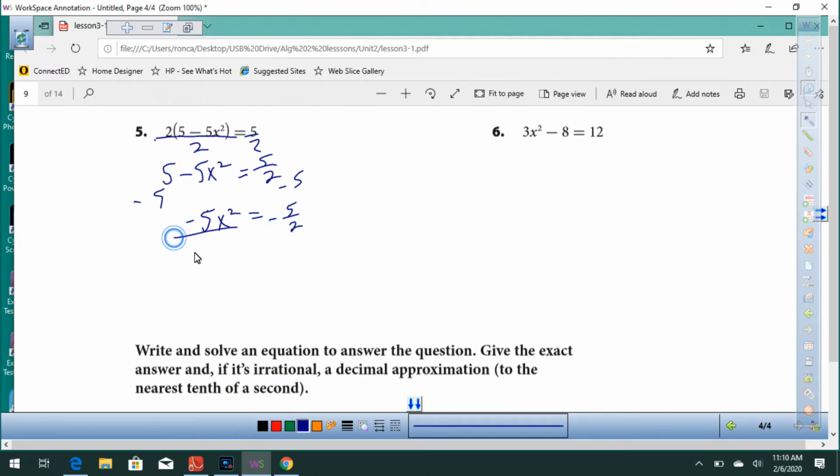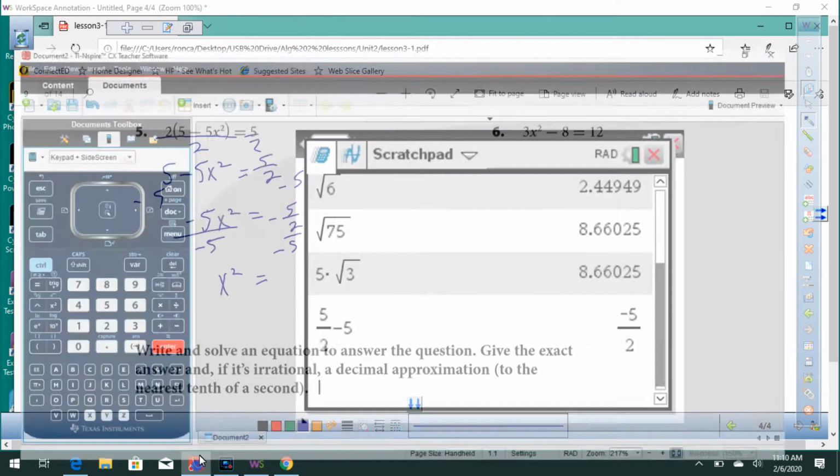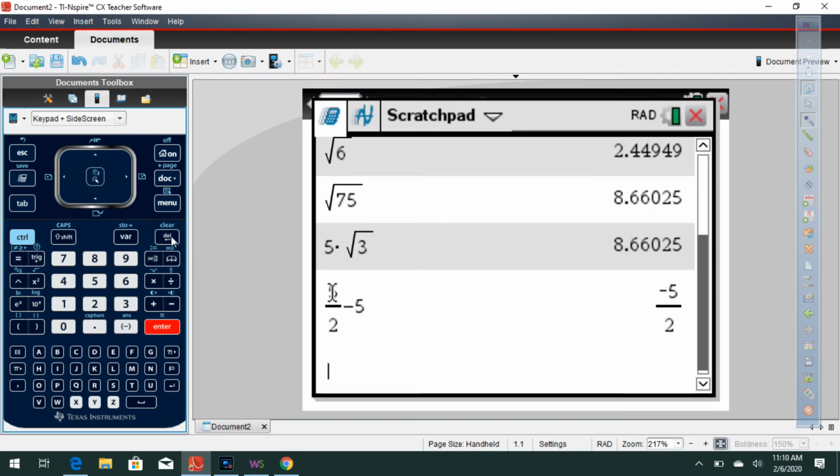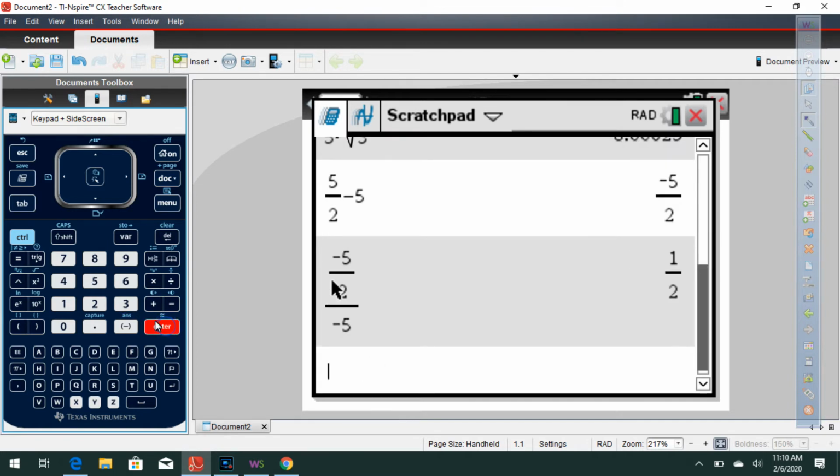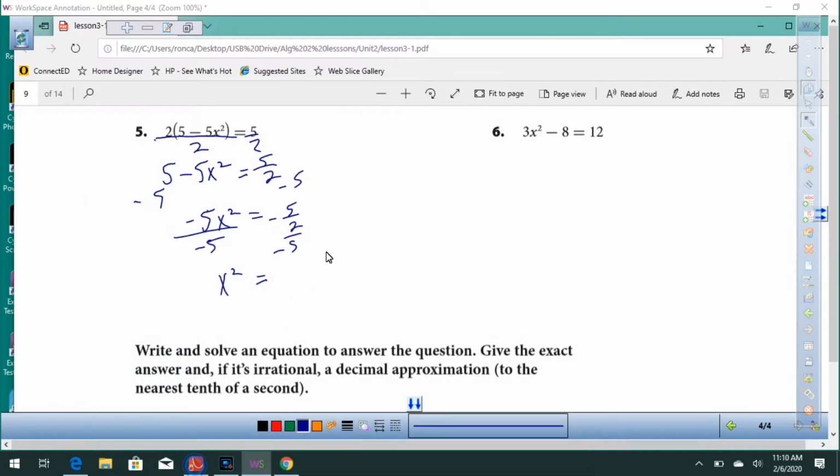Well, let's divide both sides by negative 5. Okay, and that gives us x squared equals, so we got negative 5/2 divided by negative 5. And that gives us 1/2. Equals 1/2.